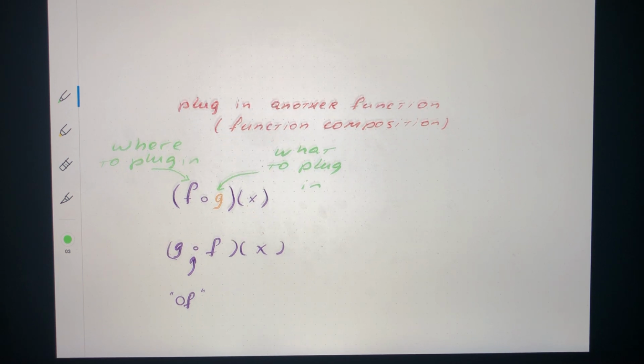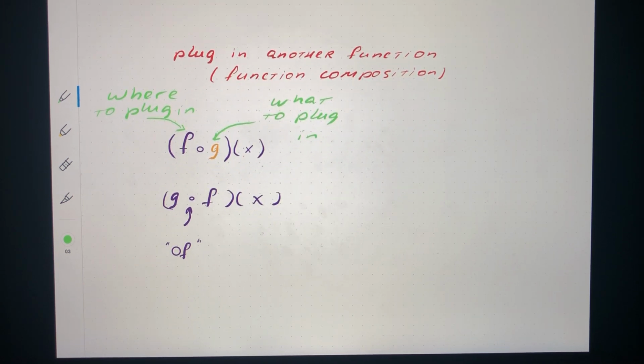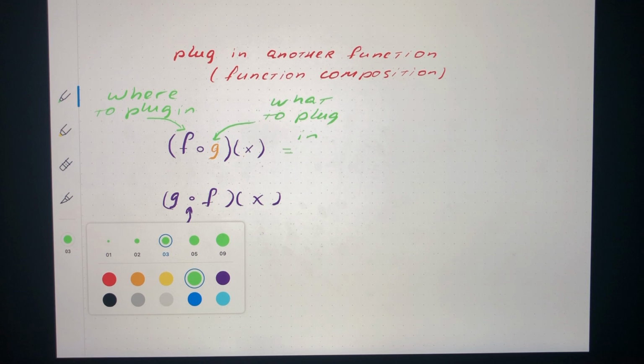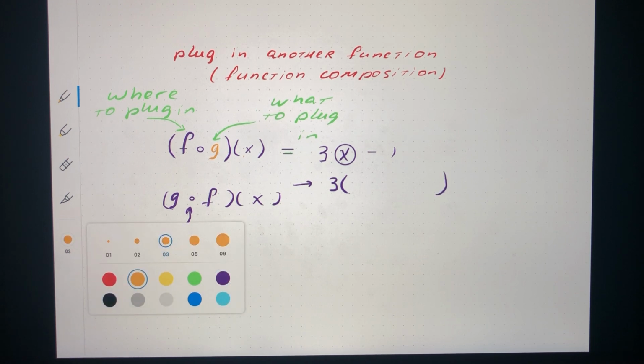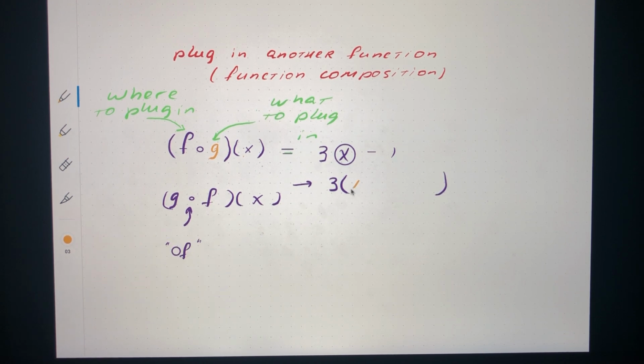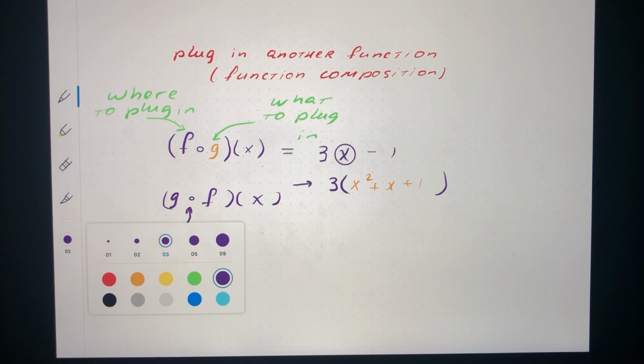So what that means is, into the function f, whenever we see, so here's the function f, which is 3x minus 1, each time we see x, we're now going to put all of the function g, and that becomes 3, and then the function g, which is x squared plus x plus 1, and then on the outside of it is negative 1.